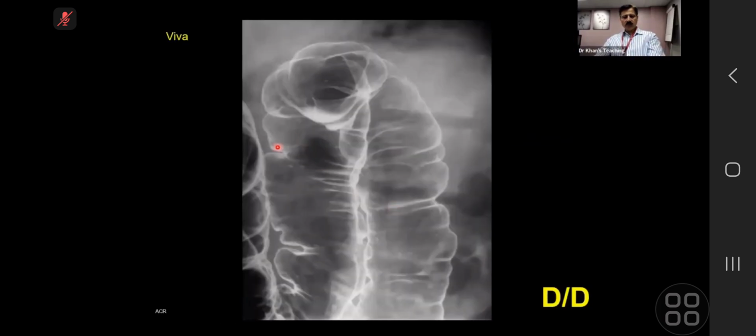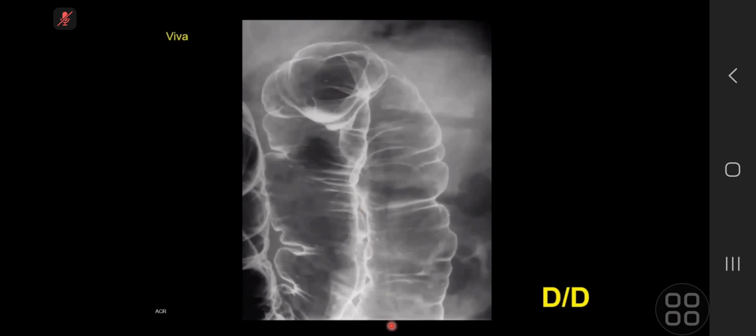Okay, what do you think is happening here? How do you describe this? Again, there is a kind of superficial filling defect in the probably transverse colon. The haustra are a bit widened and slightly blunted.